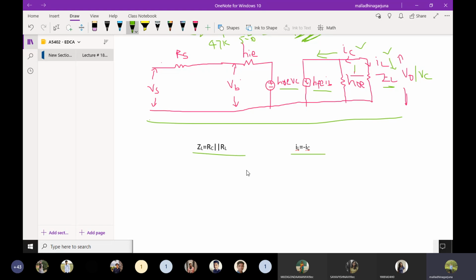And V0 or VC is equal to IL into ZL only, because the current flowing through the load resistance, into that load resistance, is our output voltage. IL is the current flowing through the load resistance. So VC is equal to IL into ZL, or I can write VC equal to minus IC into ZL.